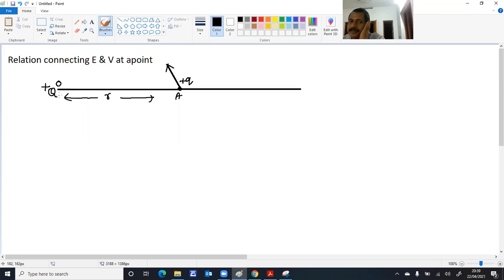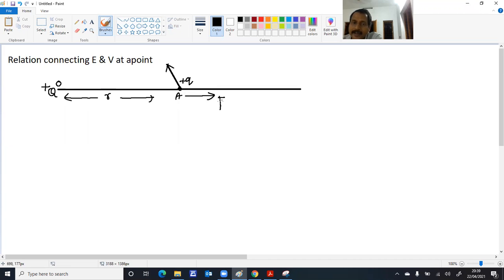Which direction? So like towards the right. Yeah, it is at this point. So plus Q and plus small q repel. This is the direction of the force.